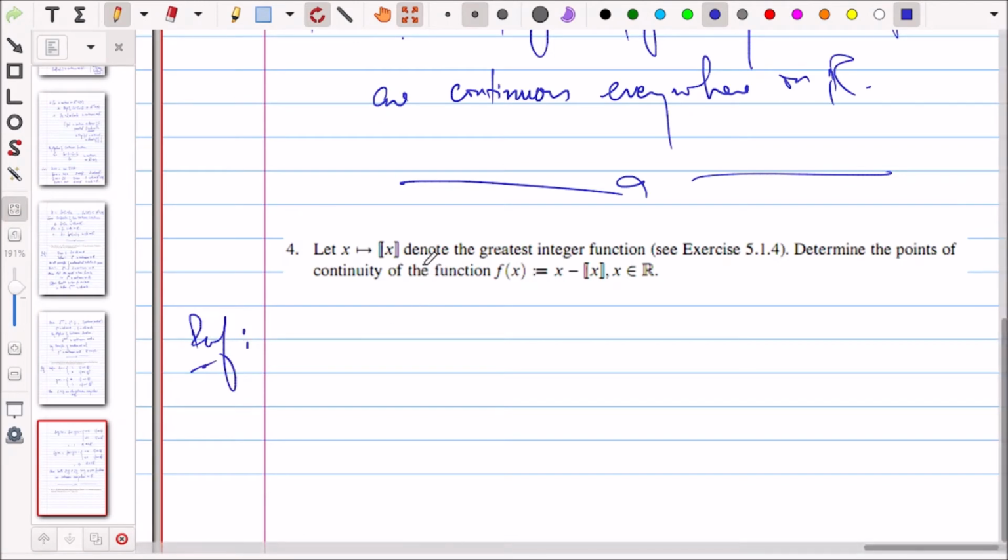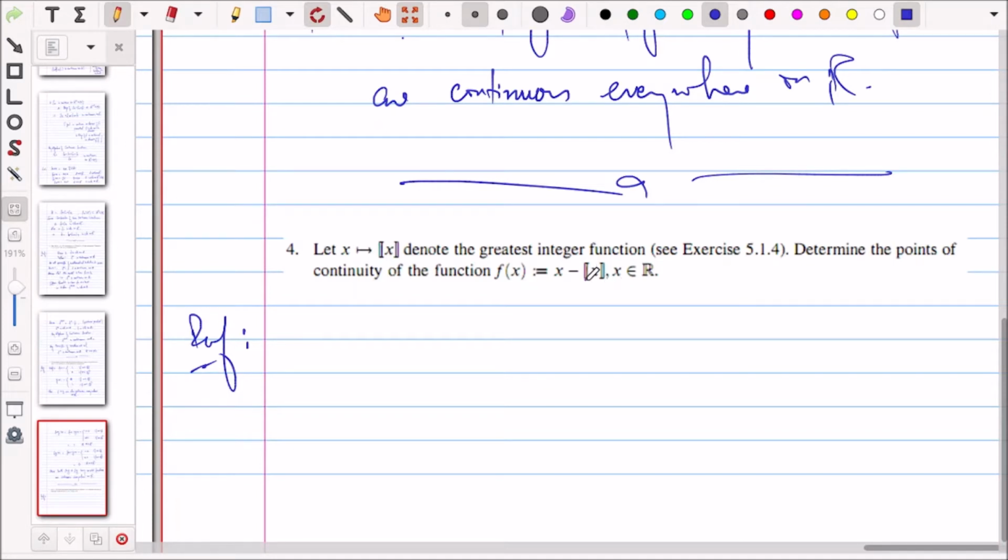In this question we are given the greatest integer function. We have to determine the points of continuity of the function f(x) equal to x minus the greatest integer of x. We know that the greatest integer function is continuous at non-integers.